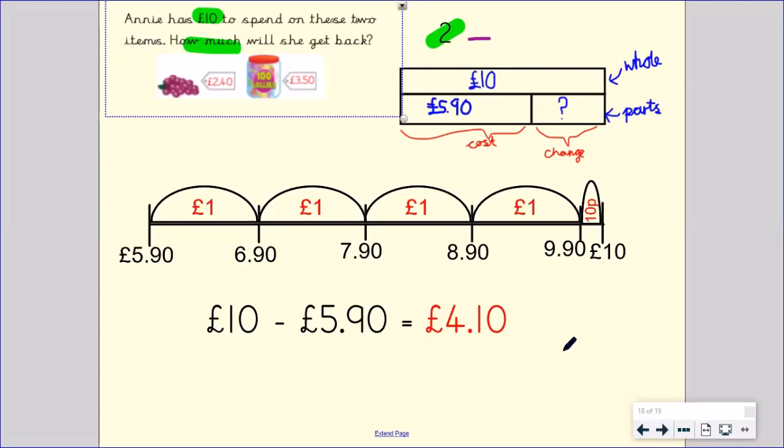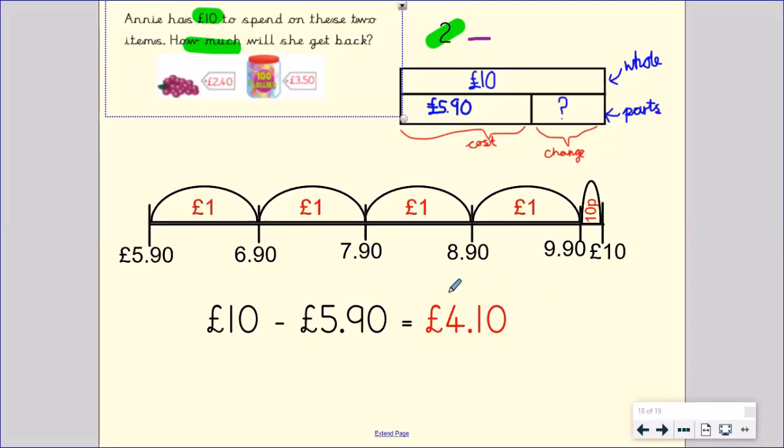Okay, so if you did formal written subtraction, you would find that you should have the same answer as well. If not, it's possible that you have carried somewhere wrong, so just make sure that you do get that right answer.